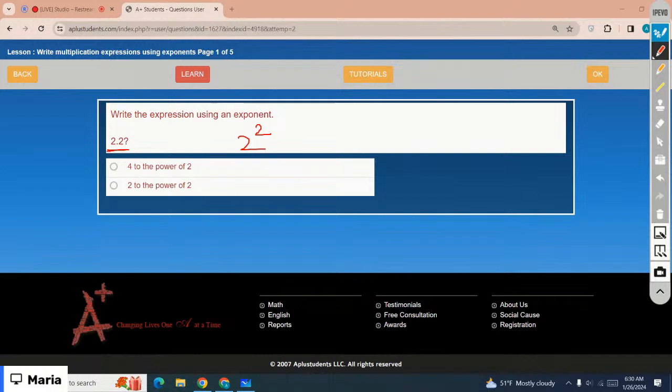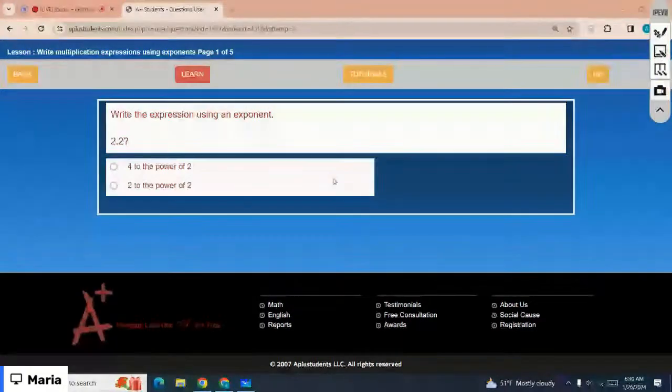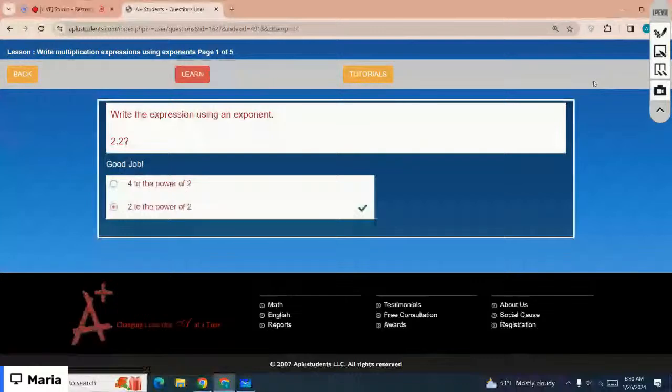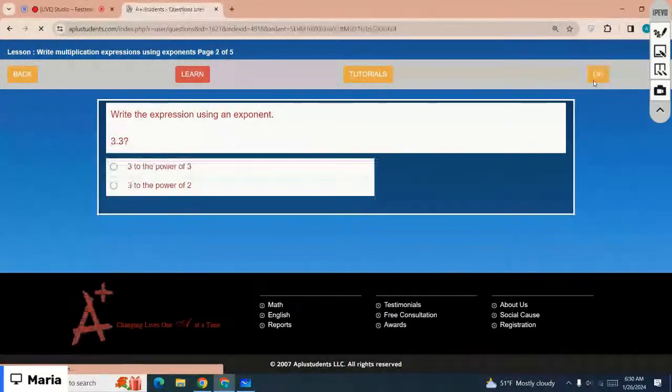The correct option is 2 to the power of 2. Option number 2 is the correct option. Okay, the next one is write the expression using an exponent 3 times 3. Which is the correct option?